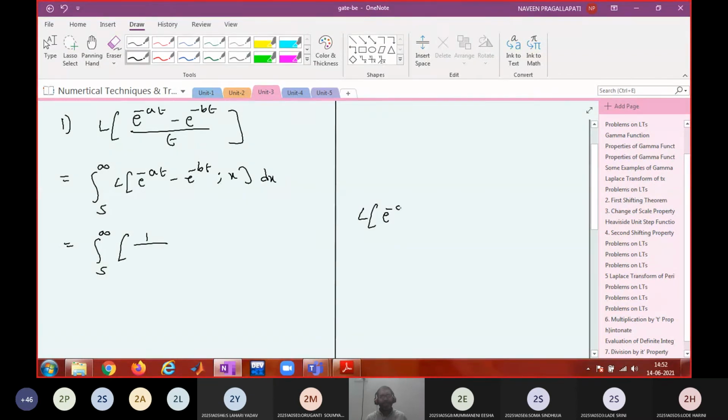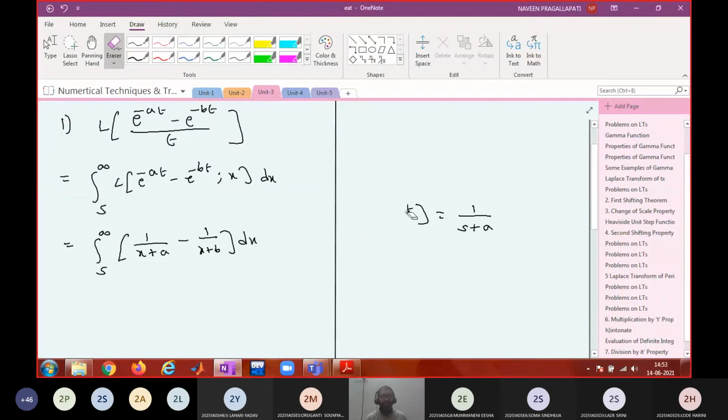What is Laplace of e^(-at)? 1 by, but what is the parameter we are using here? x. You have to write it as 1 by x plus a minus 1 by x plus b, dx.